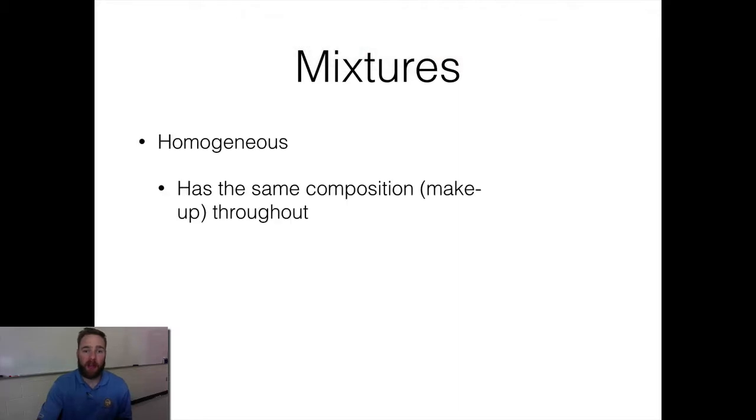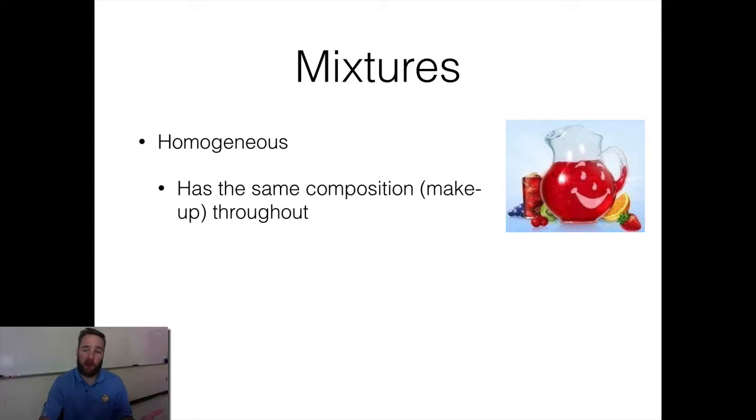Okay, mixtures on the other hand. We have two types of mixtures. Homogeneous, sometimes called homogeneous. You can say any word, potato, potato. Homogeneous mixtures have the same composition or makeup throughout. What does that mean? I think of Kool-Aid, a really good example. Kool-Aid, you can't see the little bits of powdered Kool-Aid once you mix it up, right? You mix it up good enough that all that powder disappears, and we would call that homogeneous. It's the same throughout.